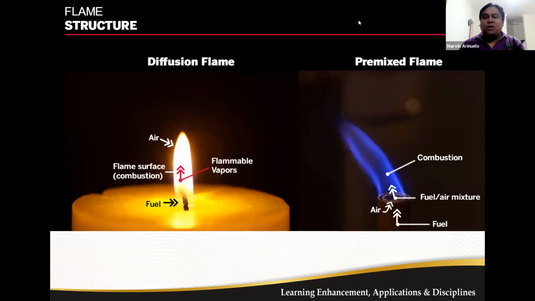And this reaction occurs throughout the visible flame, typically producing a blue flame. This is the type of flame normally produced by a Bunsen burner and even our kitchen gas stove. So basically, it is a premix flame where the fuel and air come together first before the point of reaction.